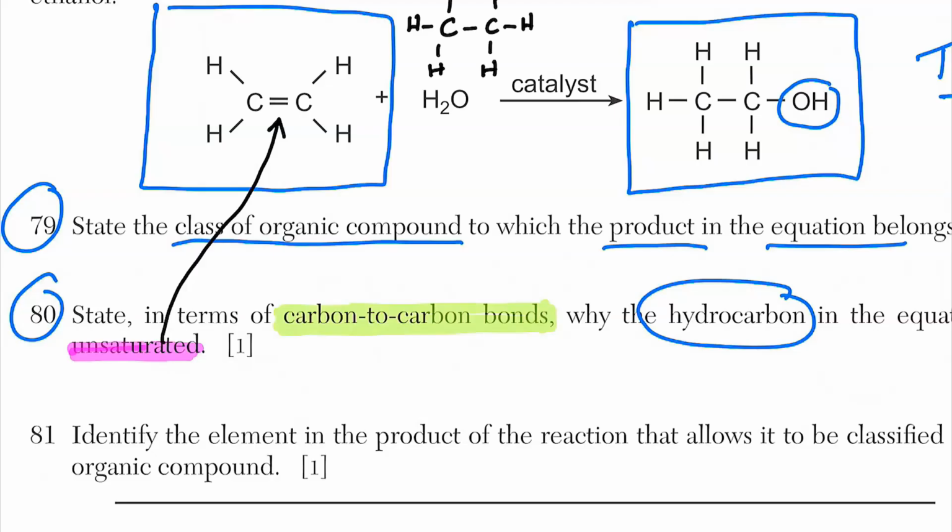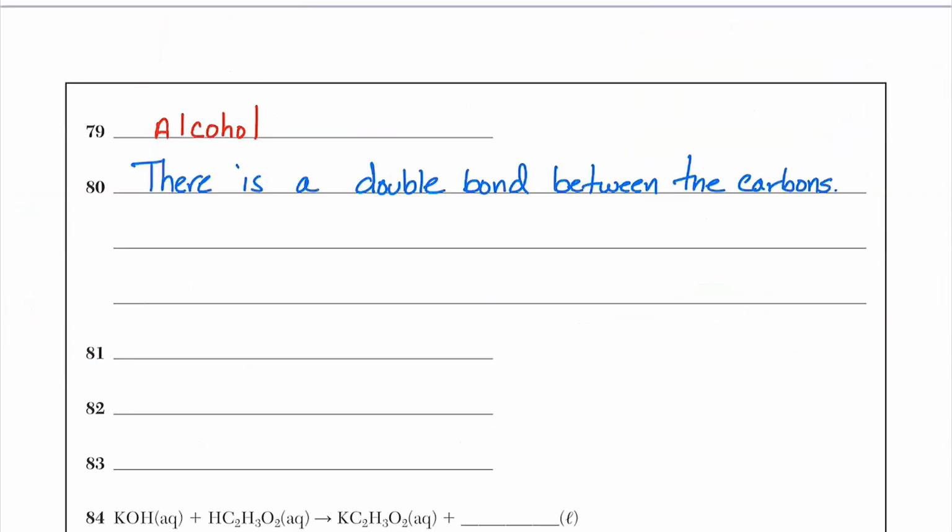Okay, let's get to the booklet. There are ways to answer this, but there is a double bond between the carbons in the hydrocarbon. You can say this so many ways, but you needed to speak to the type of bonds. Single bonds have room for more H's and are saturated.